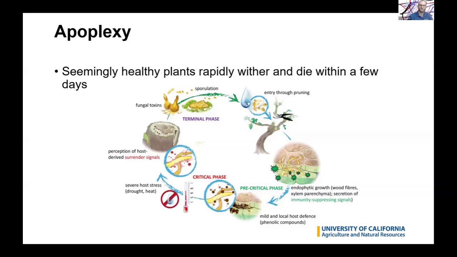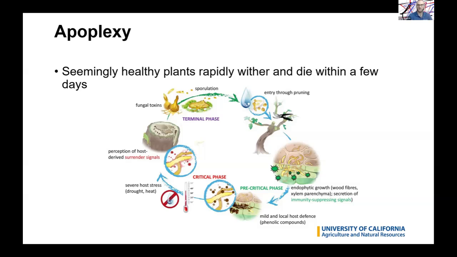So the tree reacts by clogging its vessel elements, the xylem, the phloem, and ultimately the tree just ends up killing itself because of this severe stress that's placed on it.